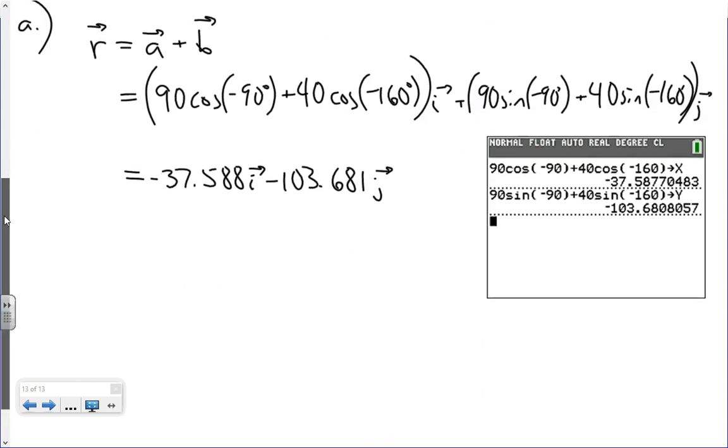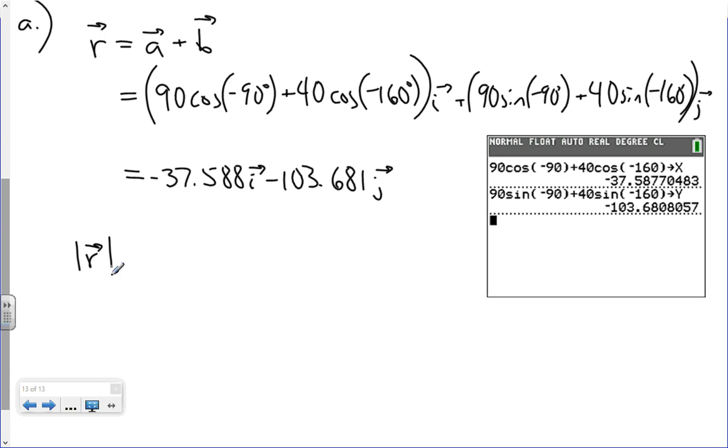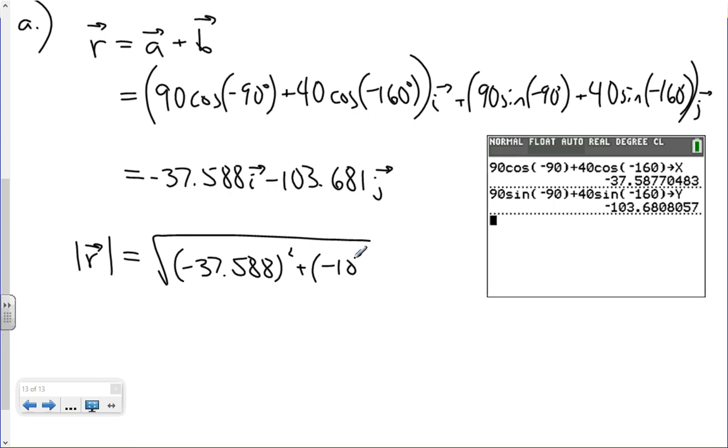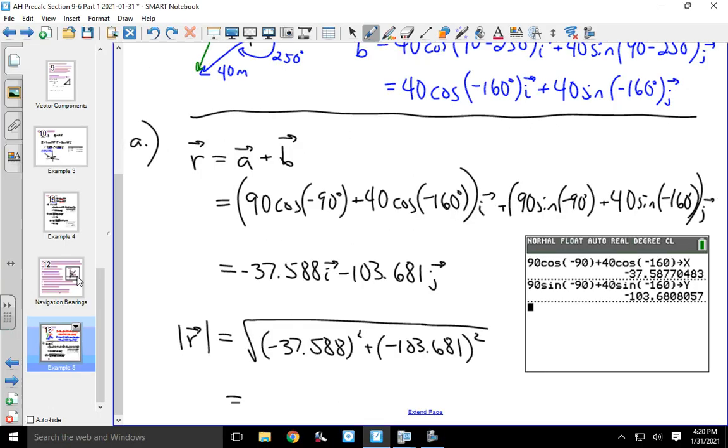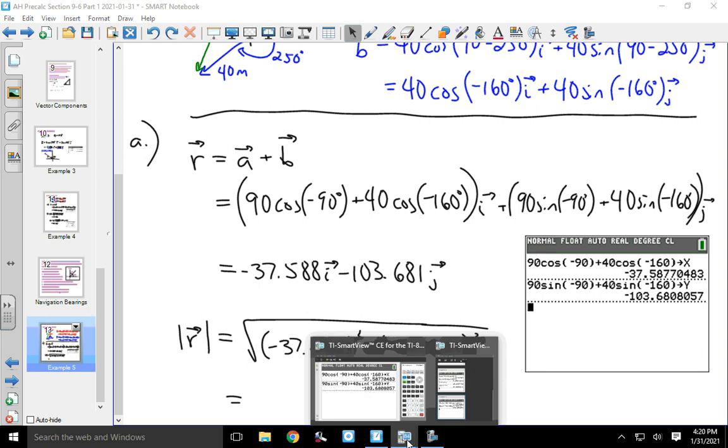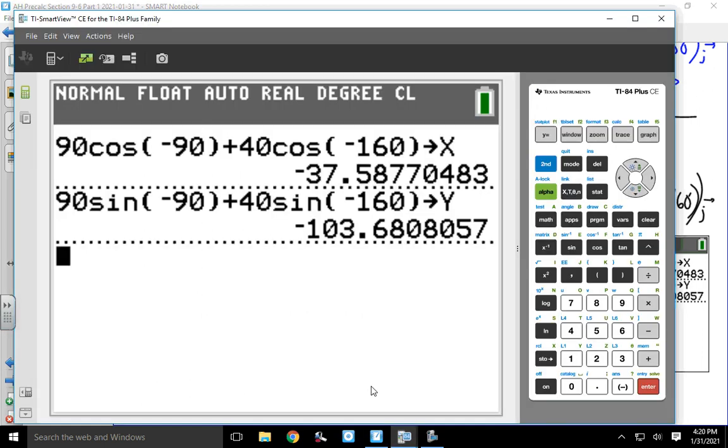So we want to find the magnitude of vector r. Well, that's actually pretty easy to do at this point. I can just take the square root of these two components, negative 37.588 and negative 103.681, squared. And this is why storing these on my calculator is pretty nice, because that makes this next calculation pretty easy. Let's jump over to our calculator and crunch that. So we just want to find the square root of x squared plus y squared.